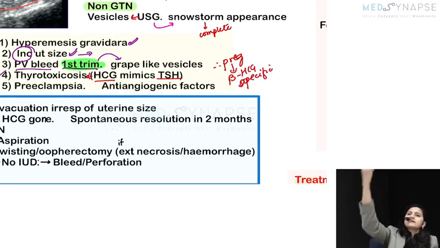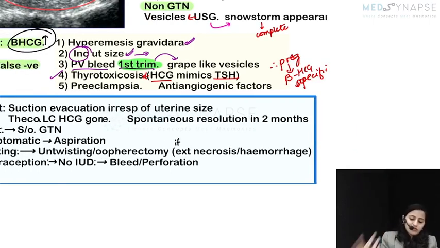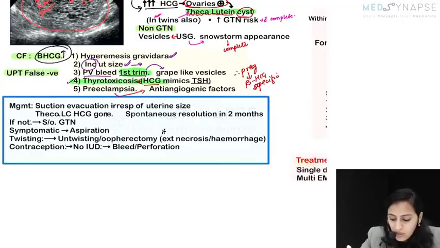HCG mimics TSH, so it will stimulate the thyroid like TSH, and thyrotoxicosis will occur. So thyrotoxicosis is an important feature. Pre-eclampsia can occur because anti-angiogenic factors are released. So all these features are there.